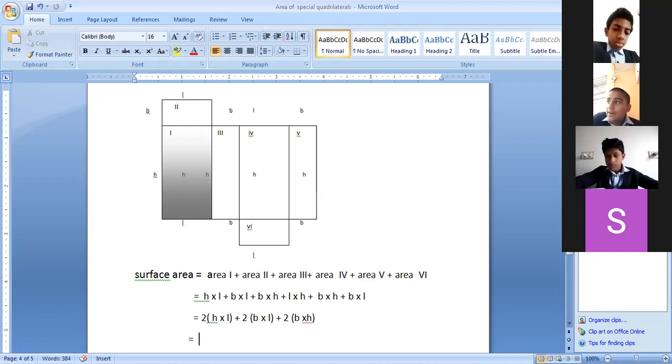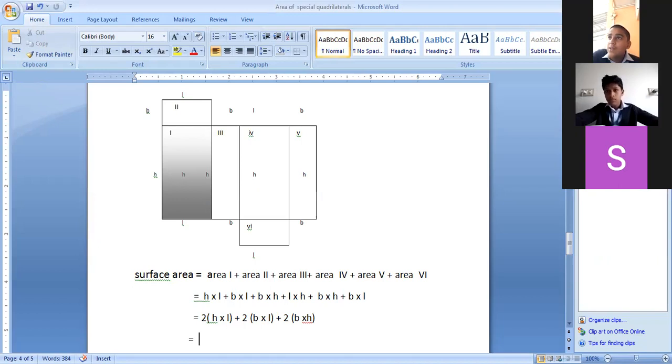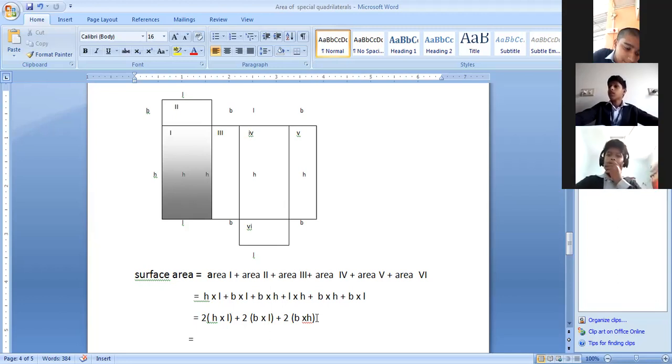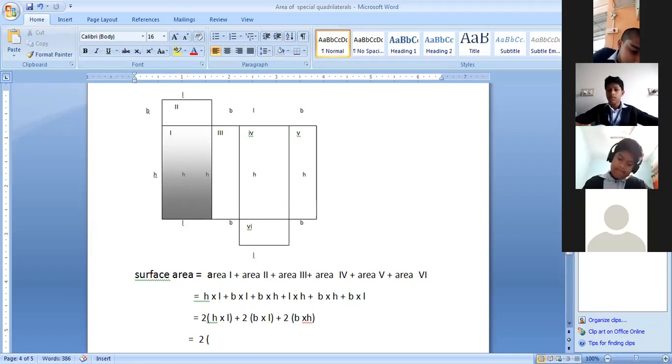Is there anything common? Look at this, and this. There is something. 2. Yeah, 2 is common there. So we can take 2 outside. Then the equation will become H into L. We can write HL. H into L and HL are the same.